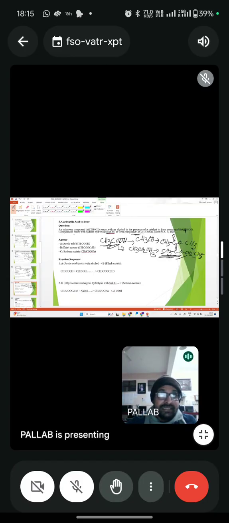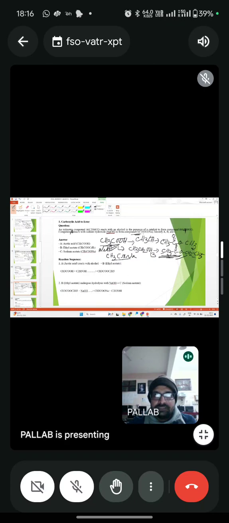Here, compound A reacts with sodium hydroxide and forms compound C. We'll see that when CH3COOH reacts with sodium hydroxide, it will give us CH3COONa.